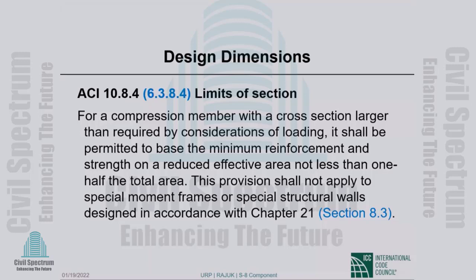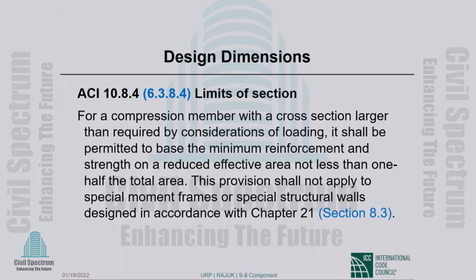Now, if you have more area than you need to carry the loads that are coming on your column, you need 100 square inches. But for whatever reason, you have provided a column with a cross section of 200 square inches.